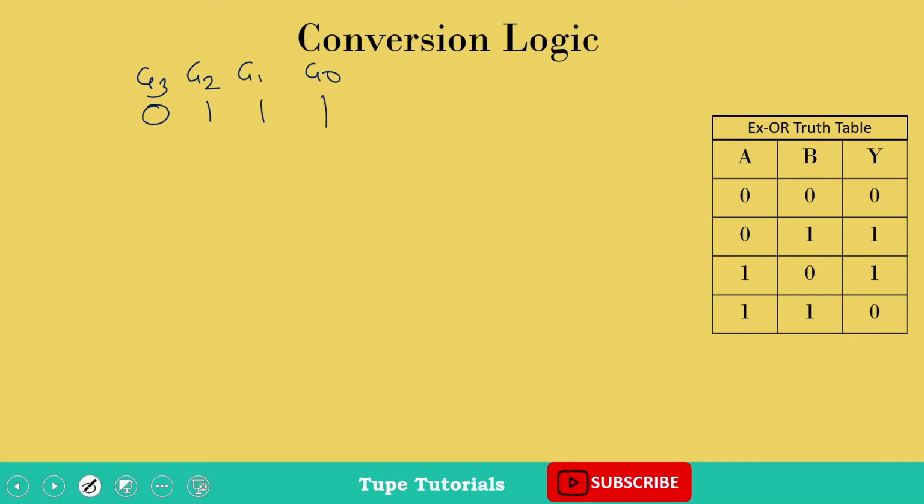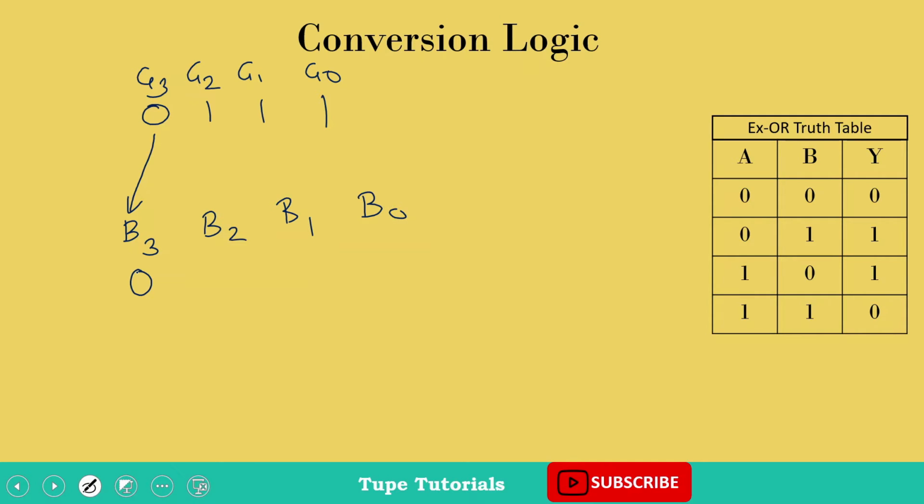Now we have to convert it into binary. So we'll start from MSB, that is the most significant bit, the bit which is to the left hand side. So I will write over here B3, B2, B1 and B0. This G3 will be written as it is in the place of B3. So if there is 0, we will write here 0. So B3 will be 0.